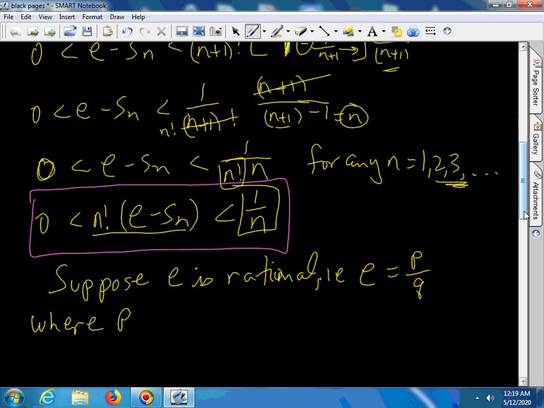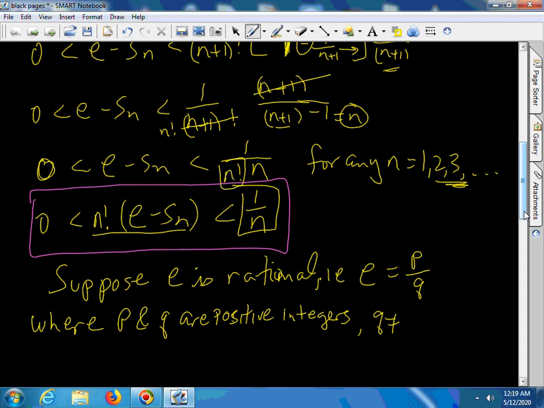where p and q are positive, kind of clear that they're going to be positive. I guess they both can be negative, but let's say they're positive integers. This e is positive.